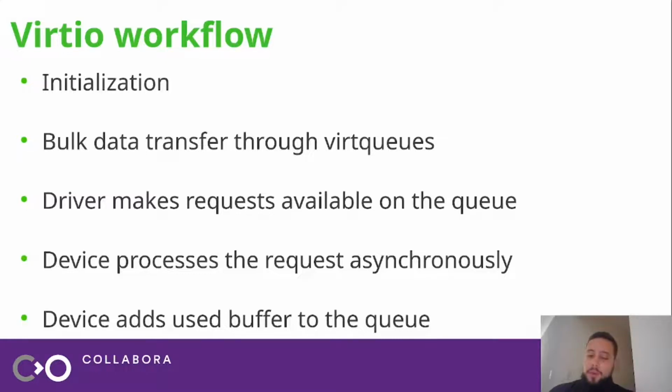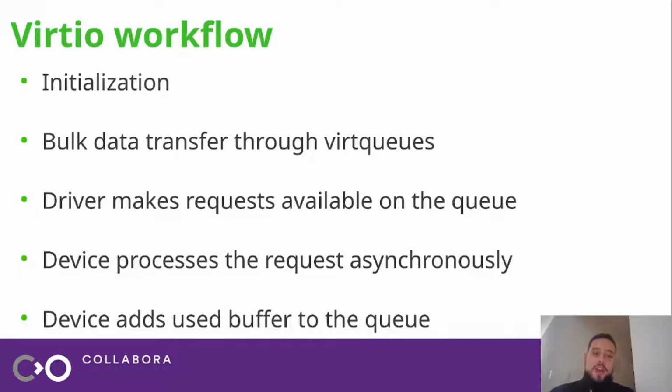But really the most important thing we want to talk about here is the bulk data transferred through virtqueues. In a way, virtqueues are the bread and butter of the protocol. Assuming a driver-to-device orientation, because it might be reversed, we will have a queue where the driver will be making requests available, and then the device will be given a chance to process these requests asynchronously without having to stop everything.